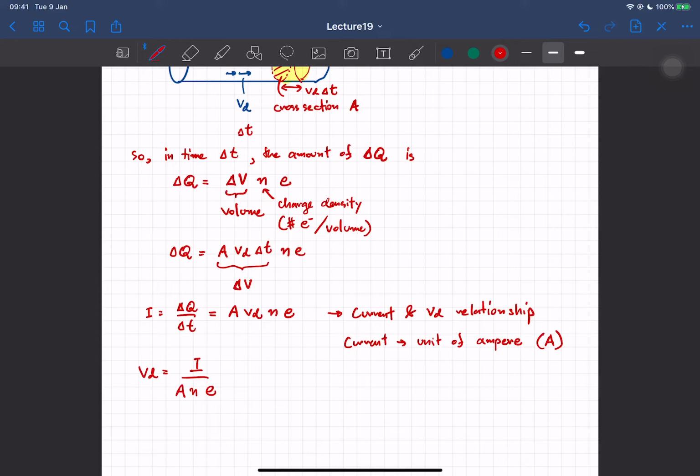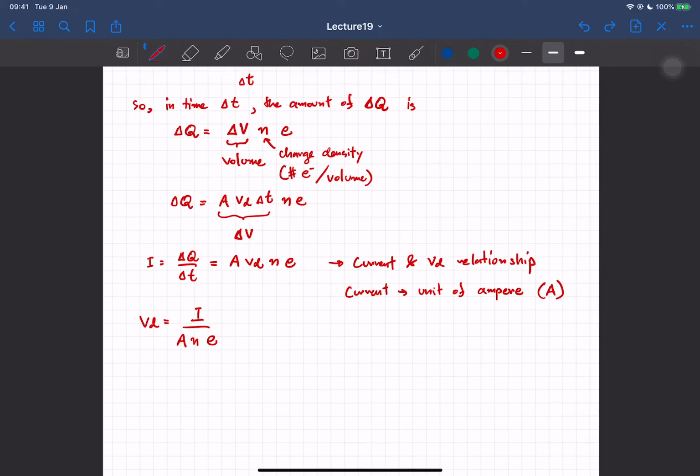If you have a material which contains a lot of electrons, like metal, you have a really large number of N, so you're going to have lower velocity, because you have more electrons, and each electron doesn't have to be moved so fast. So you can think about this, and it makes sense, hopefully.